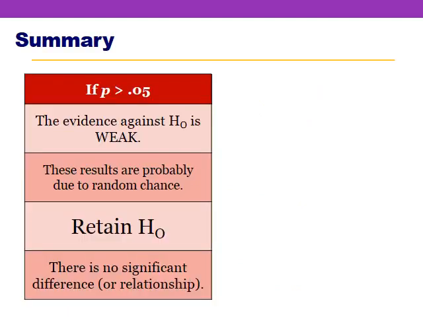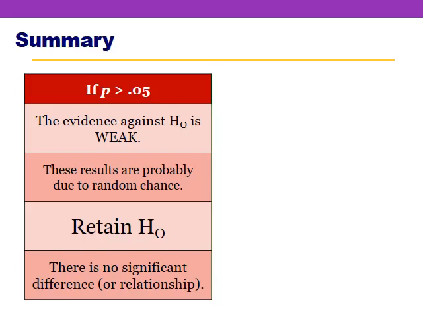So let's quickly summarize to this point. Every time we run an inferential test, we are going to get a p-value. We are going to look at that p-value and ask ourselves, is this number greater than 0.05 or less than 0.05? It's always going to be one of those two things. If we find a p-value of greater than 0.05, this would be the equivalent of drawing, say, only 2 red cards in a row.